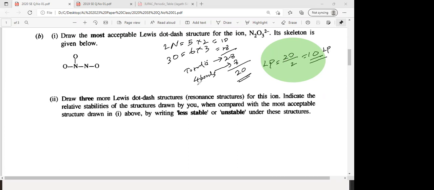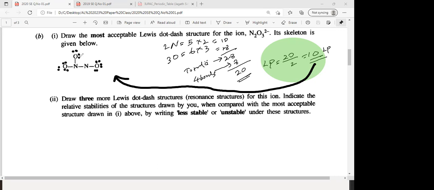Now those 10 lone pairs, first you have to distribute on the terminal atoms so that they will reach octet. Look at the screen now. I'll distribute these 10 lone pairs on the terminal atoms first. This one I put 3 pairs. This one I'll put 3 pairs. This one I'll put 3 pairs.